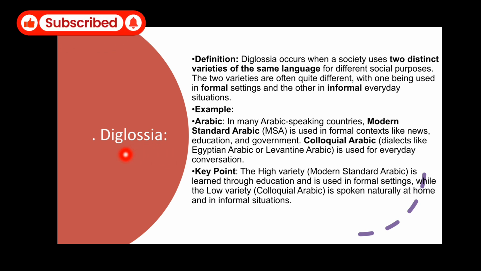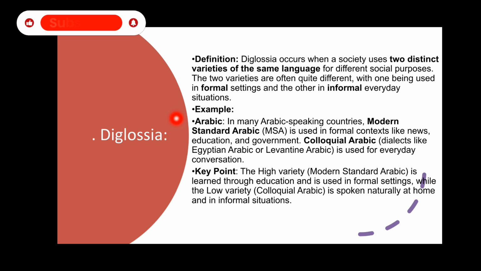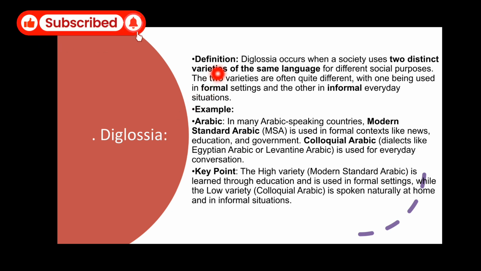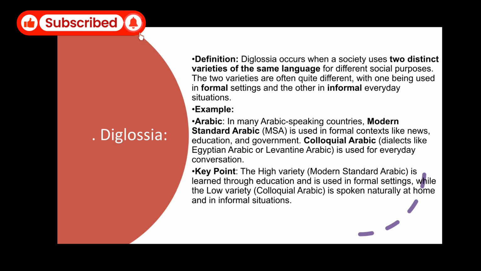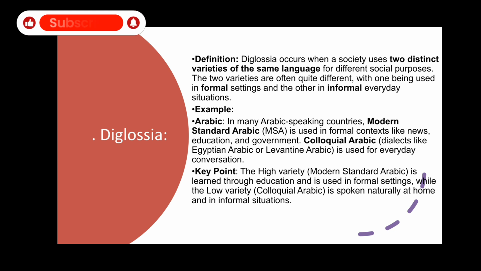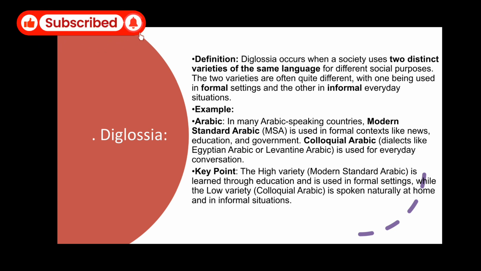First, we will be talking about diglossia. Definition: diglossia occurs when a society uses two distinct varieties of the same language. So this is the definition of diglossia. When a society or a single speech community uses two distinct varieties of the same language.